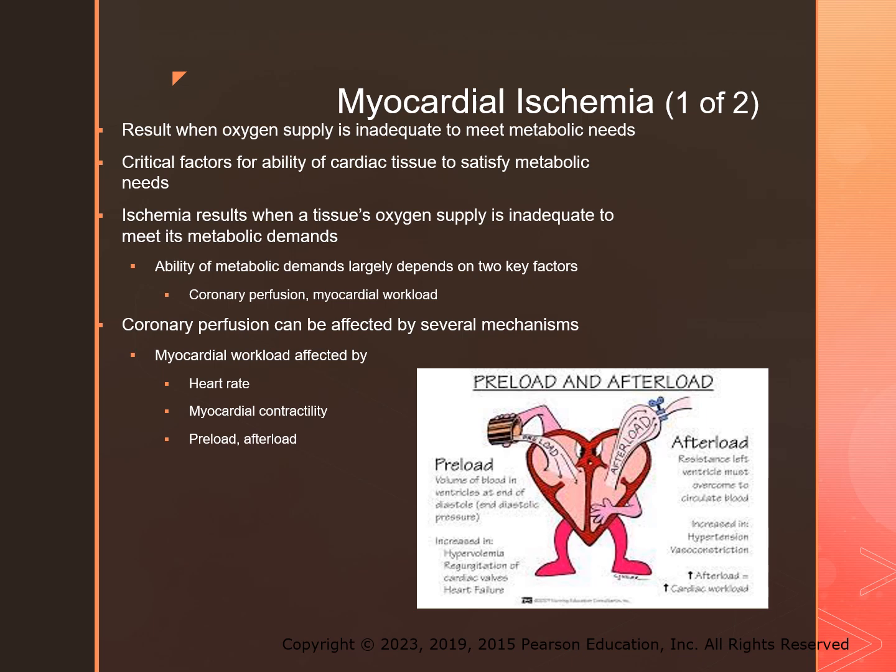Coronary perfusion can be affected by several mechanisms. Myocardial workload may similarly be affected by heart rate, myocardial contractility, preload, and afterload. So the functions inside of the heart, and here's a little picture that tells you what preload and afterload mean. The blood's oxygen content and hematocrit levels are also contributing factors to myocardial ischemia.